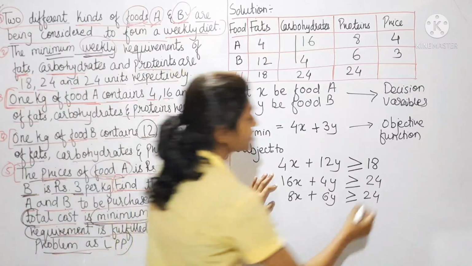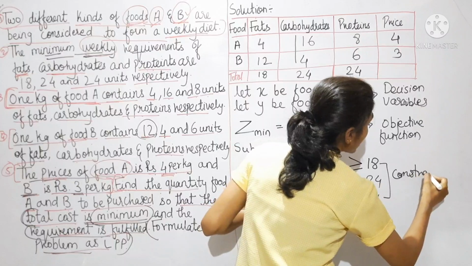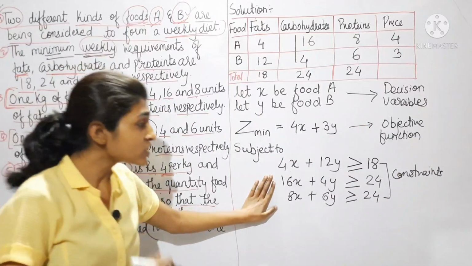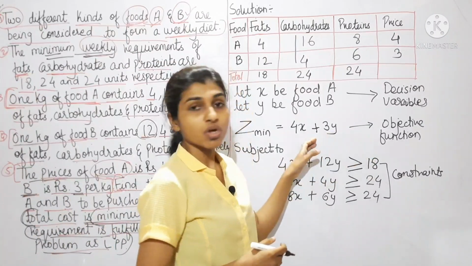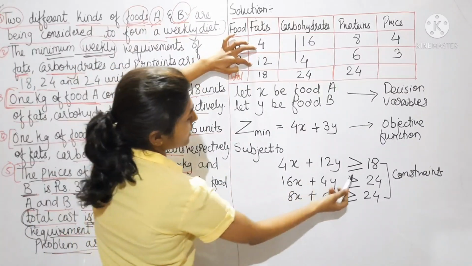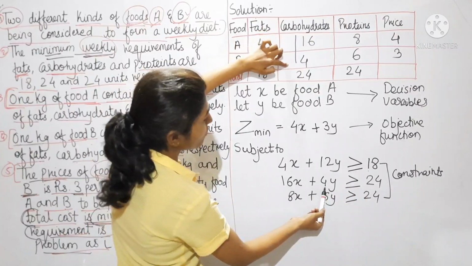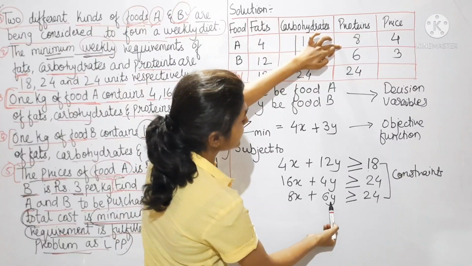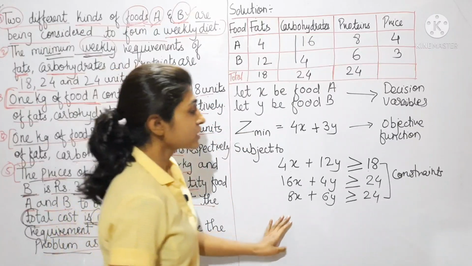These are the constraints, the restrictions which are stopping us from achieving this objective. So 4x plus 12y greater than or equal to 18, 16x plus 4y greater than or equal to 24, 8x plus 6y greater than or equal to 24 are the constraints. Now the third step is done.